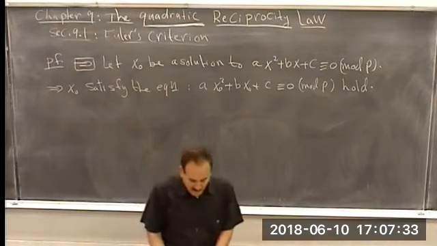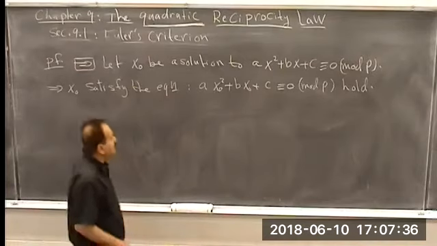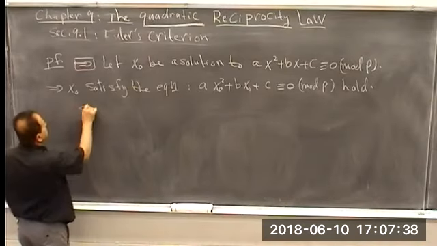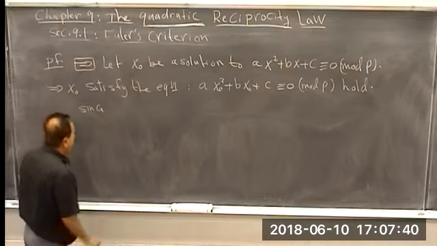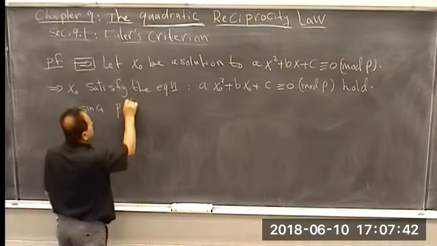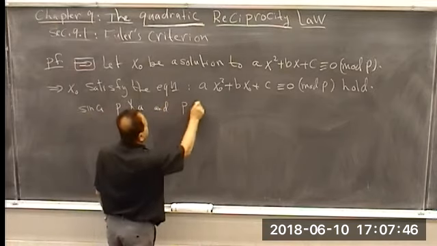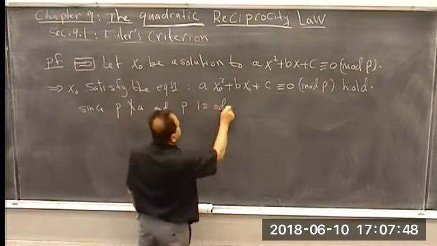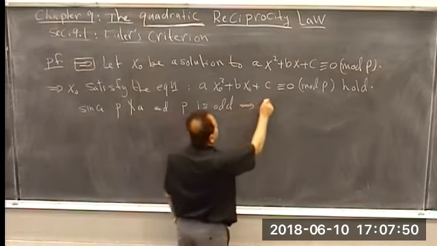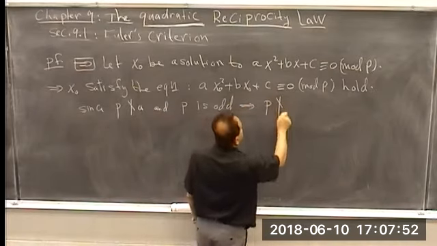Now we know that since b does not divide a and b is odd, this implies b cannot divide 4a.